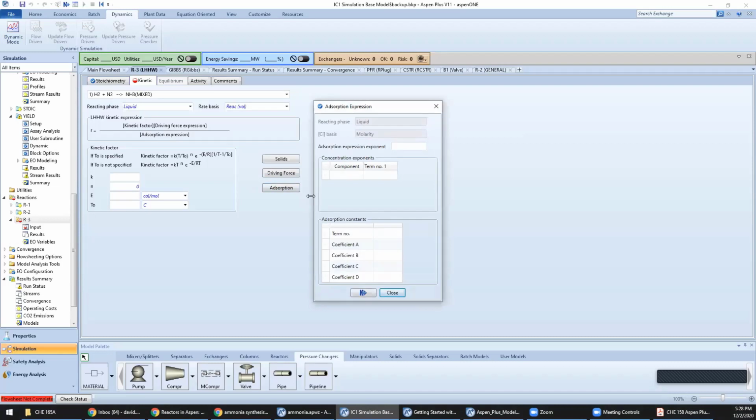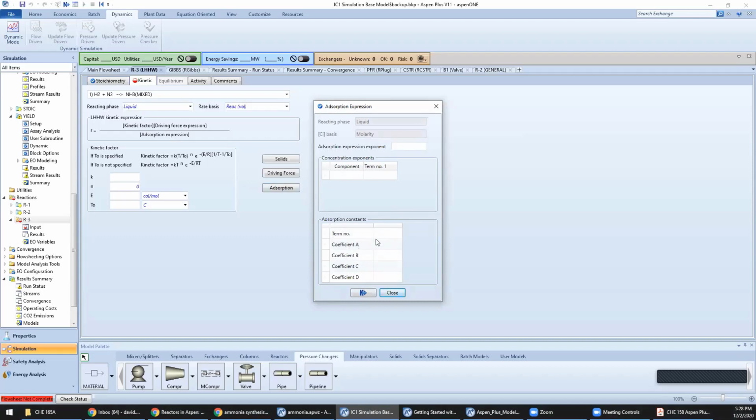So this updated from the Arrhenius expression. So the Langmuir-Hinshelwood kinetic expression is your kinetic factor times your driving force over your adsorption expression. And this is a big equation, most likely, with a bunch of capital K values or equilibrium expressions. And the way you do that is you can put in adsorption, and this is complex, and I'm actually trying to help senior team with this now.